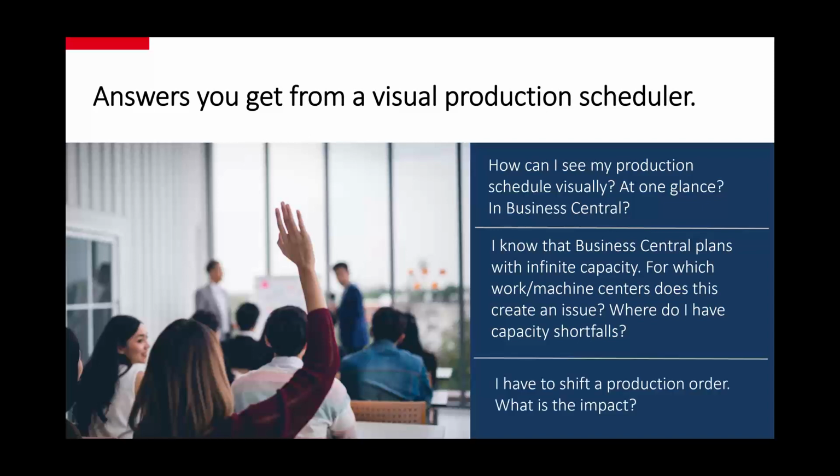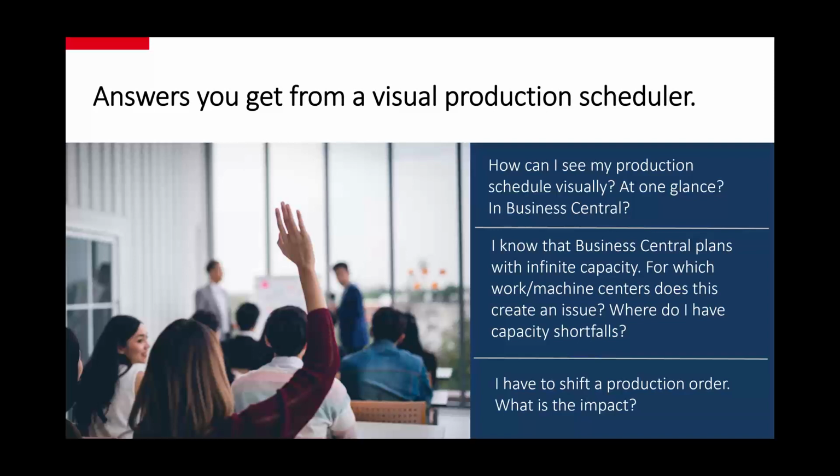Another answer you get from visual production scheduling: I have to shift a production order, right? This happens, things change. What we see is that a lot of our customers are make to order or hybrid make to order, make to stock manufacturers. And if you make to order, if you work against a not so stable customer demand, then things change. So I always say with our customers, the only constant is change.